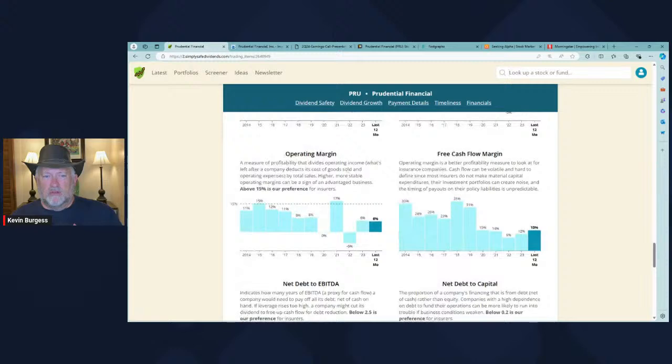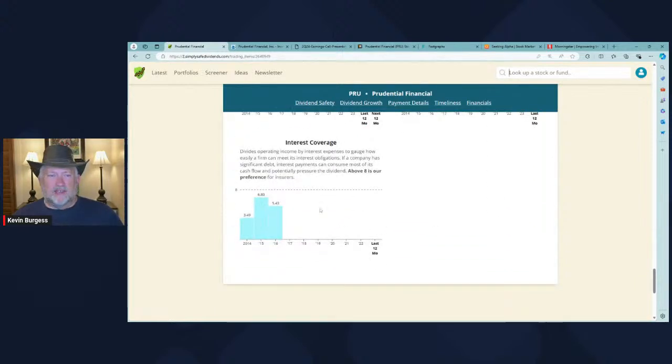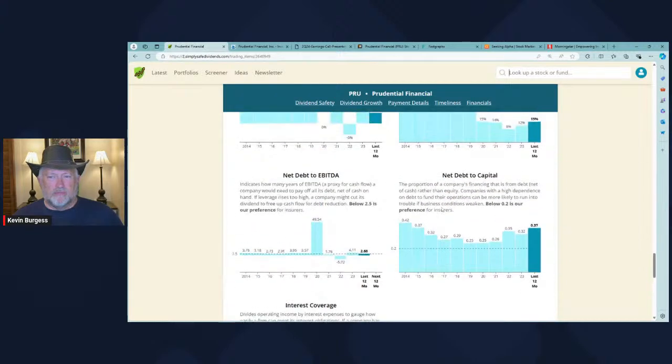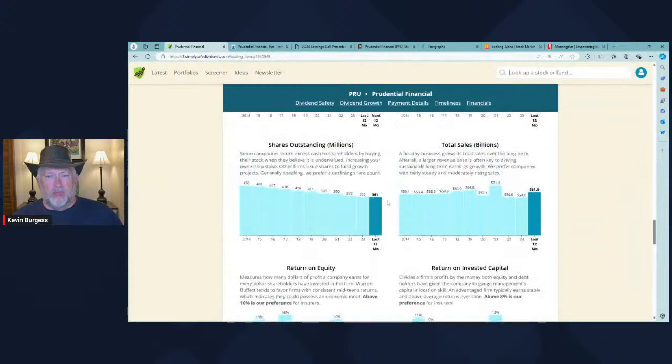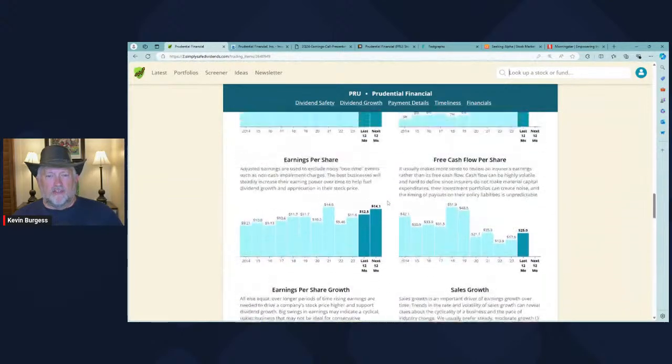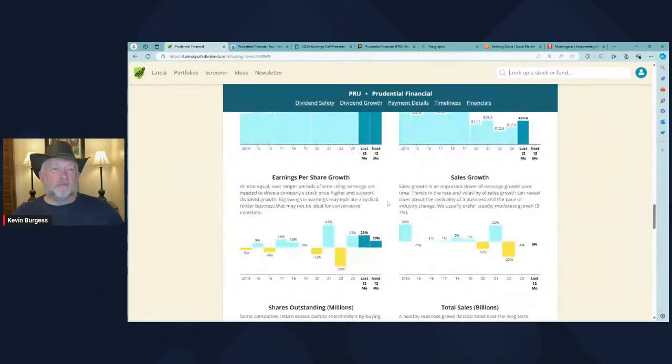I do like looking at net debt to total capital. 37% of their capital is debt. Interest coverage, they don't have any. Huh, that's weird. I don't see a slide that shows their net debt either. So that piece of information is missing, and that would be something we would want to look at.